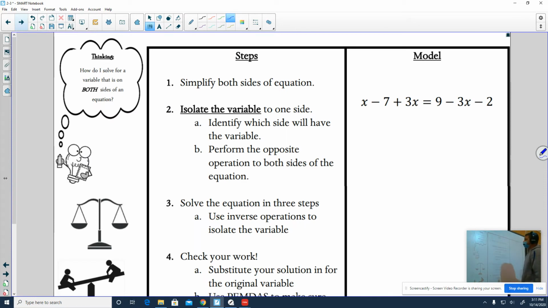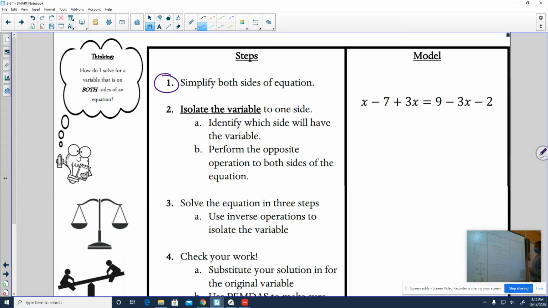Okay? So if we start thinking about how we're going to solve for a variable that's on both sides of an equation, take a look at the model and look at the steps. Step 1. The first step moving forward in this lesson and the next lesson is going to be to simplify both sides of an equation.